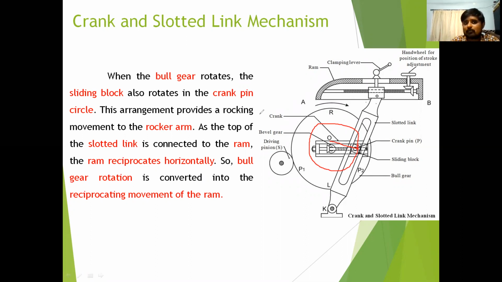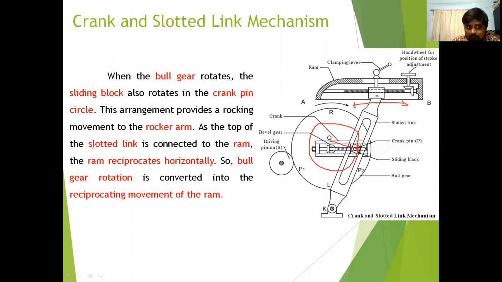This arrangement provides the rocking movement of the rocker arm. If the sliding block rotates, this slotted link will oscillate like this. This provides the rocking motion of the ram.